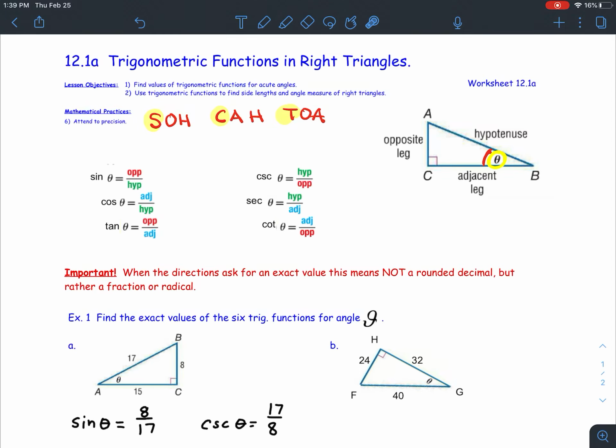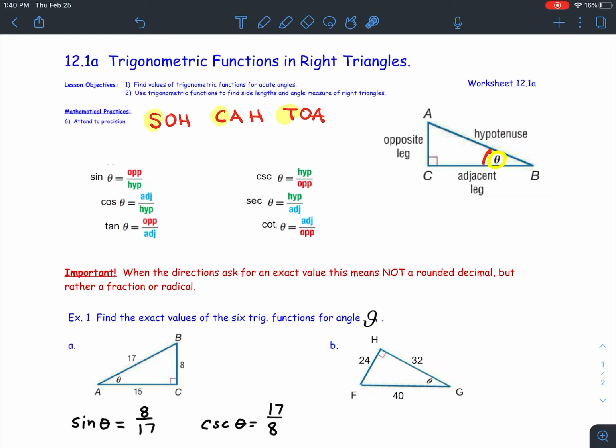Here's the best tip that I can give you to memorize these other pairings. As you look at each pair, and I put them directly across from each other here, one of each of the 2 words, and only one, starts out with the pronunciation co. So here we have sine, it is paired up with cosecant. Here we have cosine, which already starts out with co, so it gets paired up with secant.